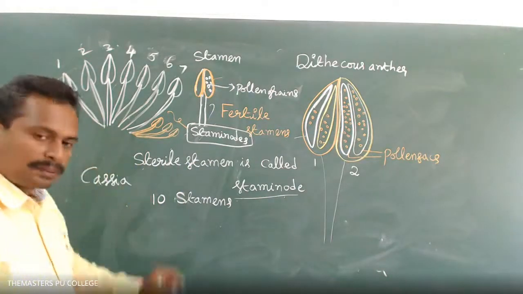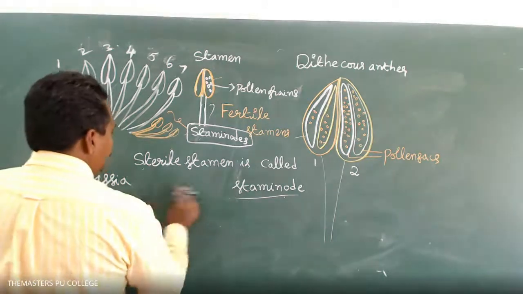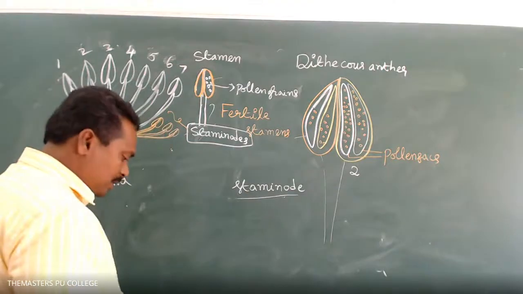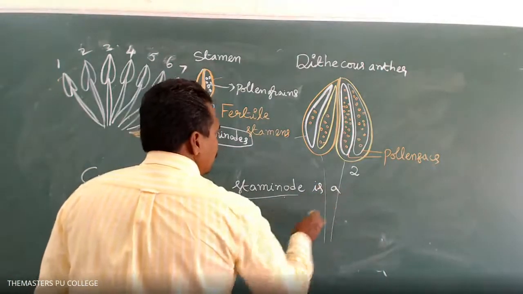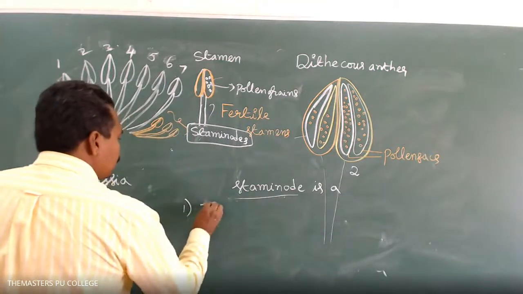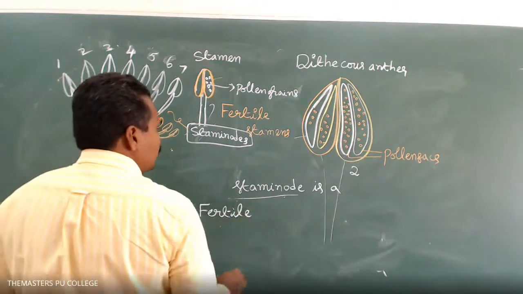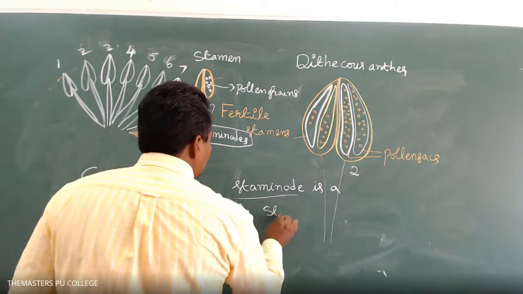Next, from the objective point of view, in a KCET or NEET examination, staminode is: option 1, fertile stamen.